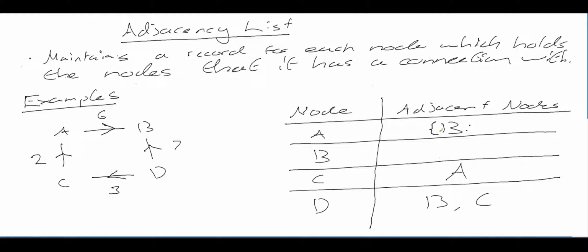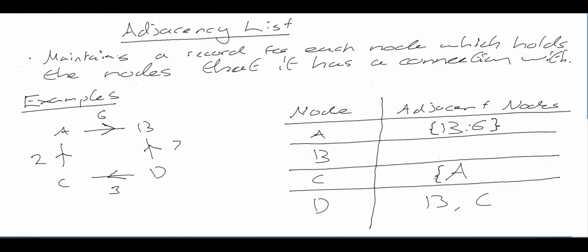So A is connected to B, and the cost associated with moving between A and B is 6. So we write down a key value pair here of B and 6, and imagine that we're storing the adjacent nodes to A as a dictionary of key value pairs, and in those key value pairs we've got the node and the weight associated with going from A to that node.